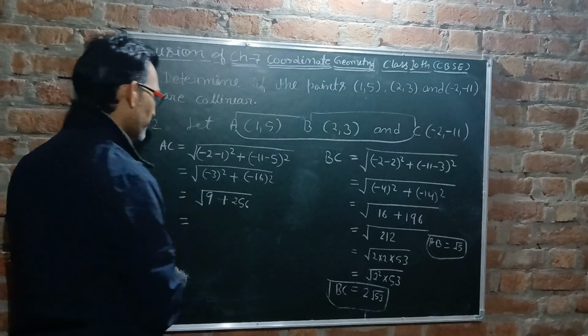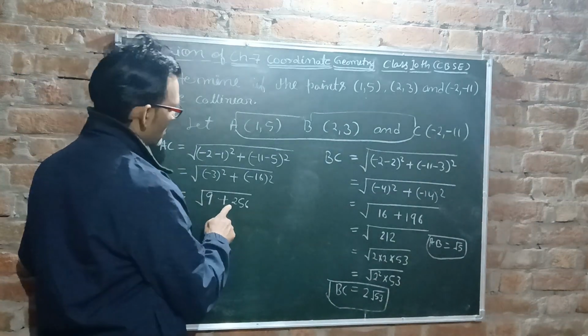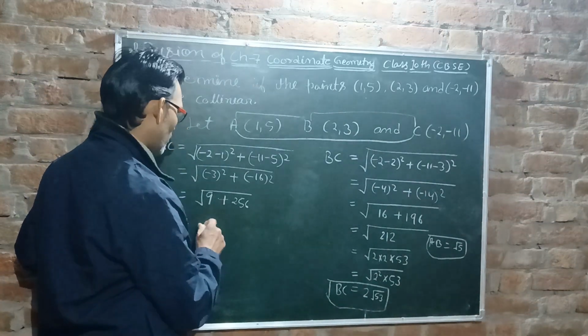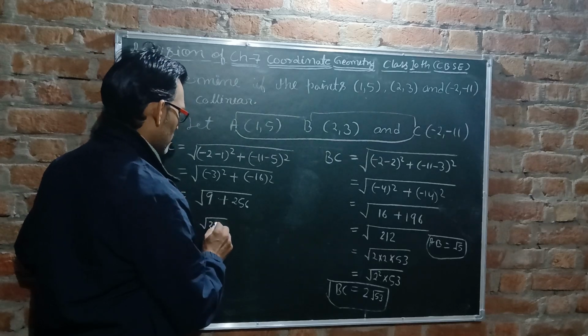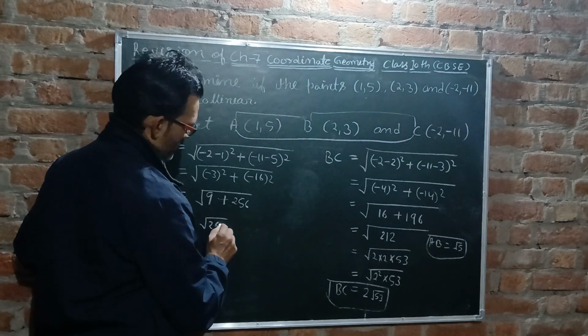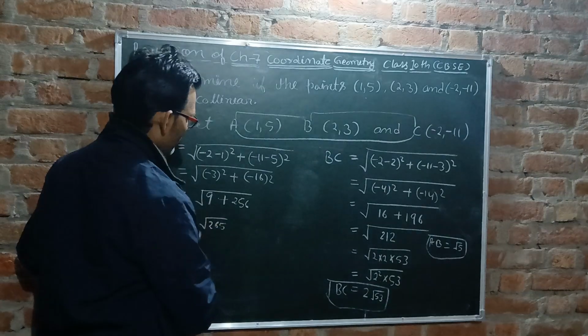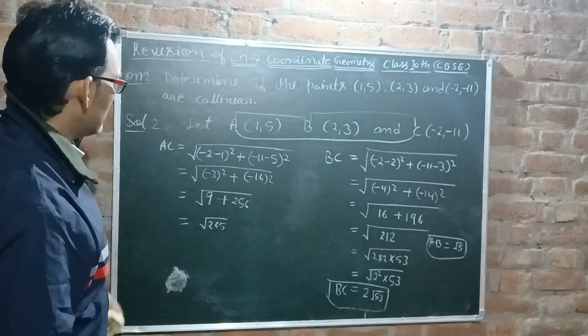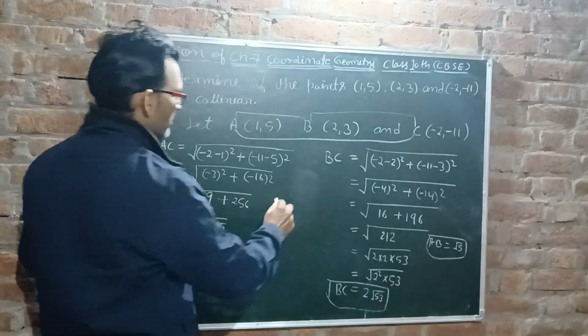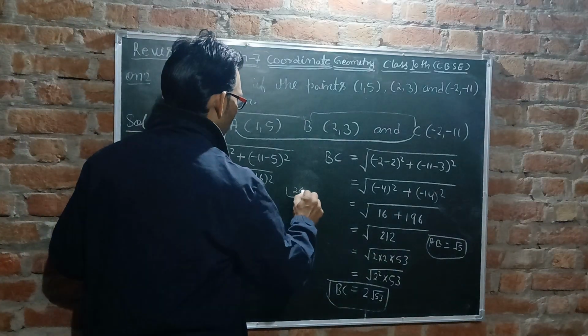Now I add 256 plus 9. How much? You will get 265. So we have to find the factors of that 265.